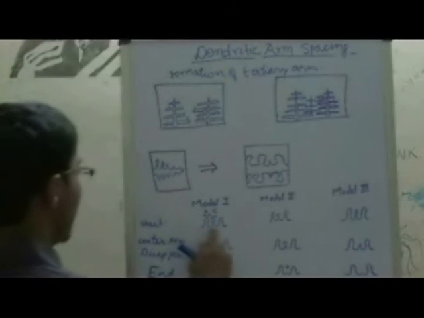The second model says that a dendritic arm is considered whose root is slightly smaller than the remainder part, and this arm tends to melt away by transport of solid from the necked region.